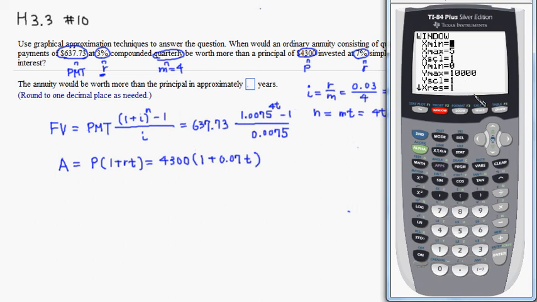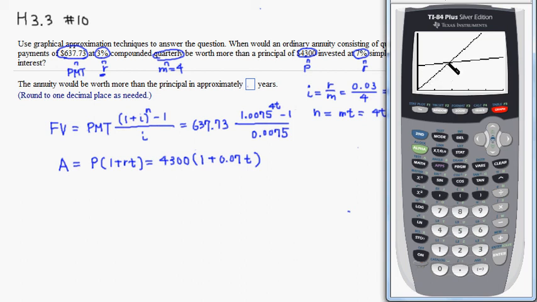Let's hit graph. That's probably the annuity one, and the second one is the simple interest one.